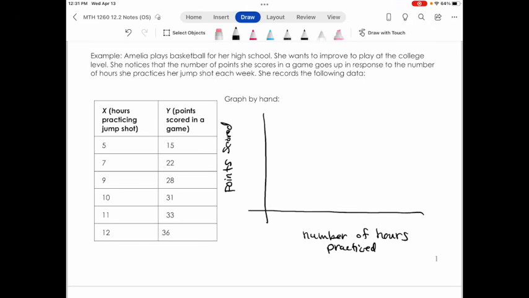on our horizontal, or our x-axis, and we're going to put points scored on the y-axis. Now to scale it, it looks like my minimum value is 5 and our maximum value is 12 for the x-axis. So I'm just going to scale this from 0 to 15, and I'll scale it by ones.